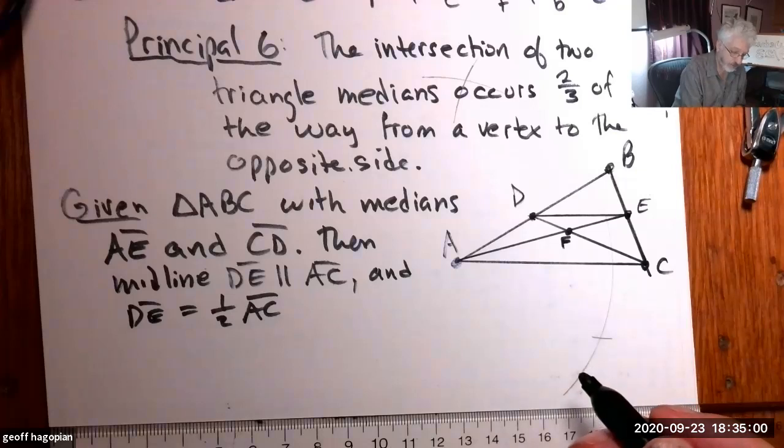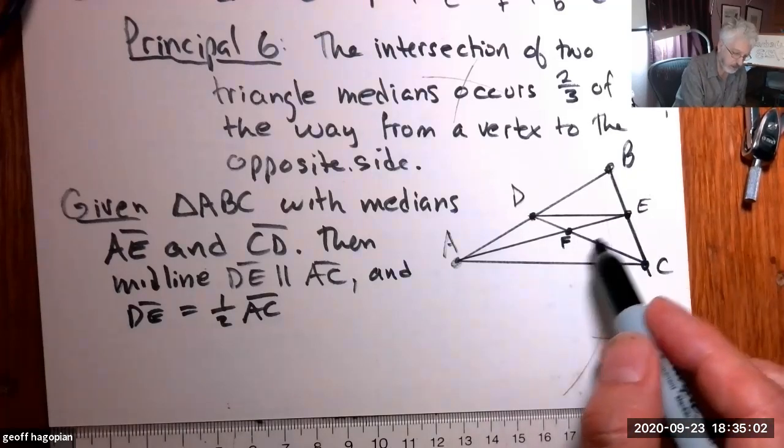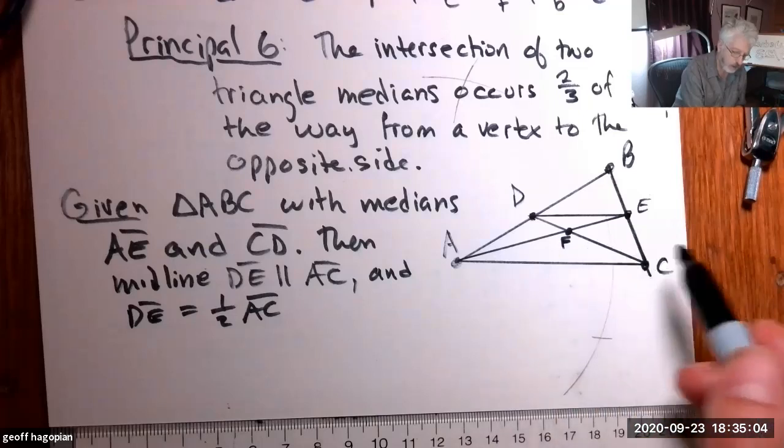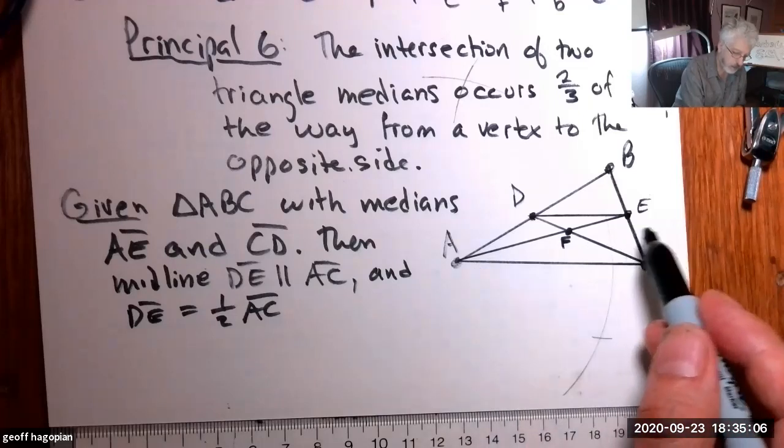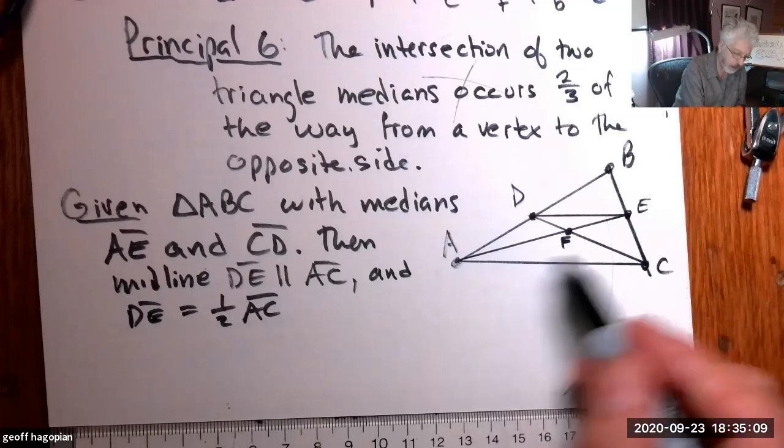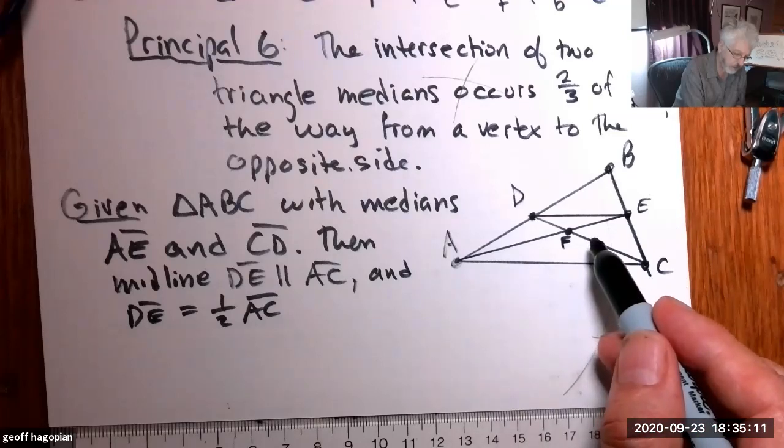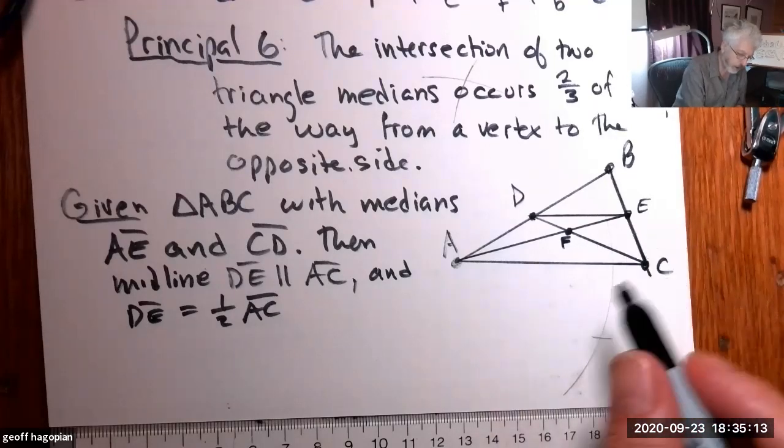And so triangle DEF, do you see that that's similar or equiangular to triangle, right, I said DEF, so it'd be CAF, right? Why?